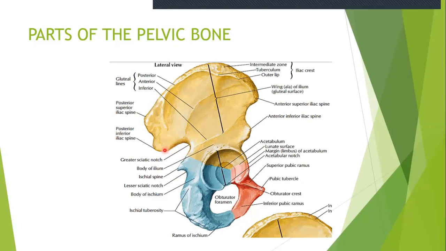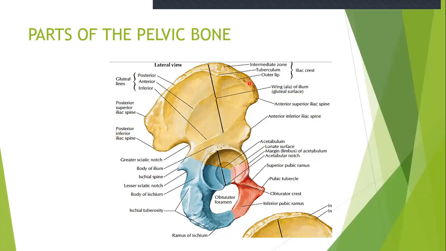Then above the greater sciatic notch, we have the posterior inferior iliac spine. Superior to the posterior inferior iliac spine is the posterior superior iliac spine.